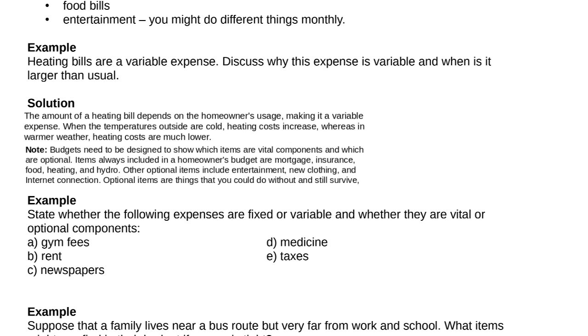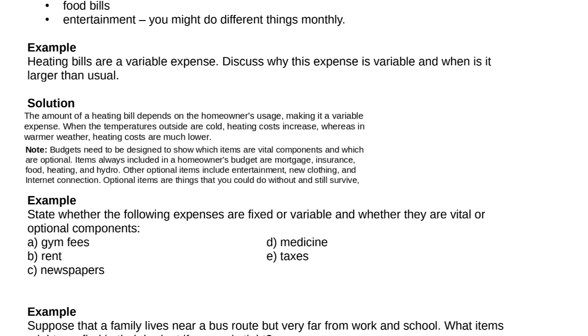The items that we have included in a homeowner's expenses, mortgage, or whatever, right? Those things are considered fixed, right? And they are important for the upkeep of your house, such as the food and the heating and the hydro, right? There are other optional items that include entertainment, new clothing, and internet connections, right?